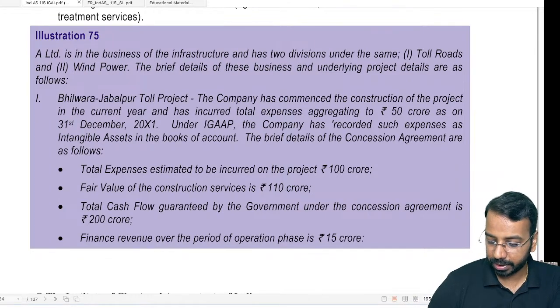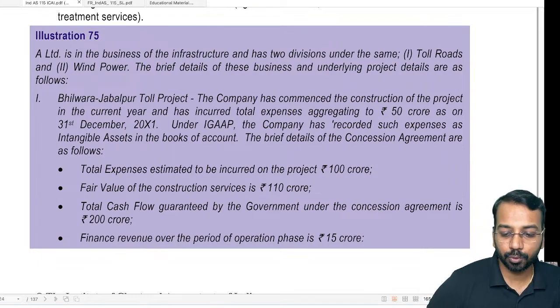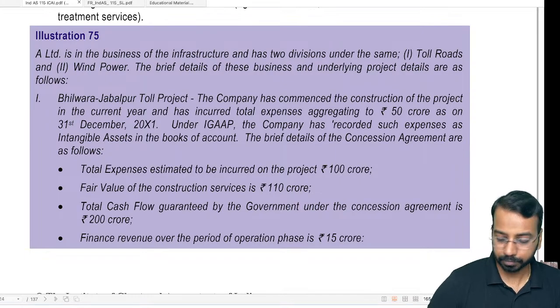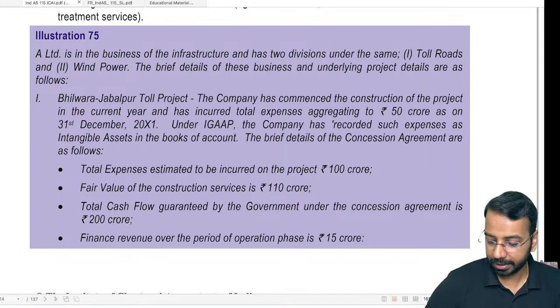Total expenses estimated is 110 crores. Fair value of construction service is 110 crores. Total cash flows guaranteed by the government under the service concession arrangement is 200.